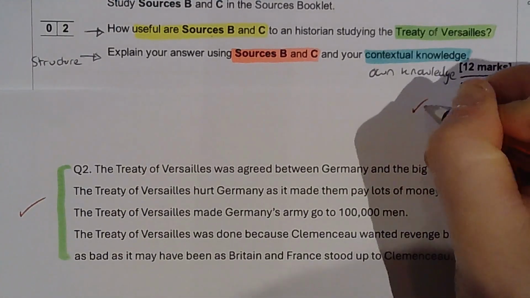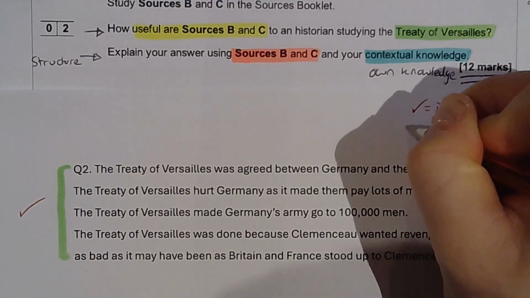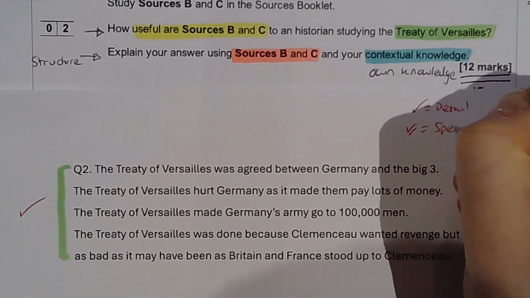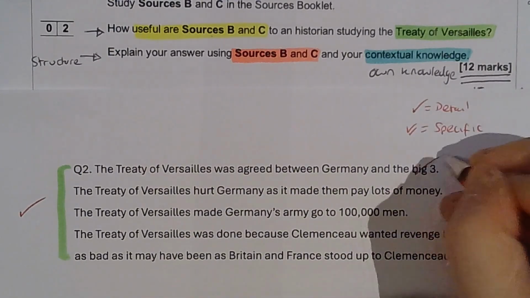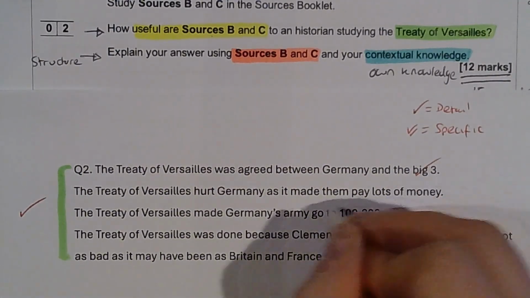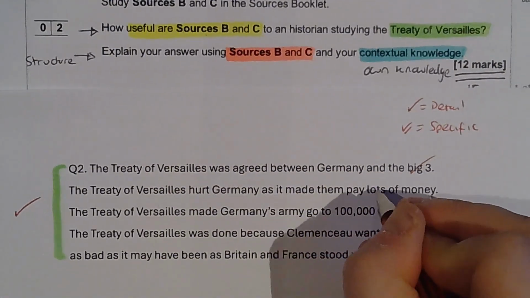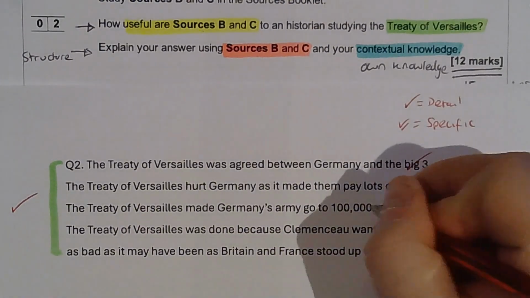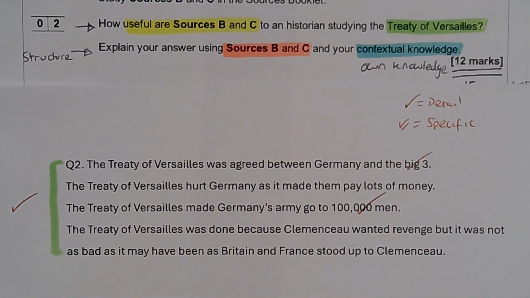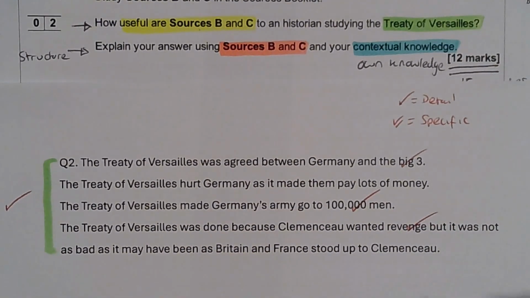So remember, I'm looking for detail and specific detail. So I'll give myself detail. I would say that's not really detailed there, so I'm not going to tick that. 100,000 men, I'll tick that for detail. And Clemenceau wanting revenge, I'll tick that. So there is some detail.